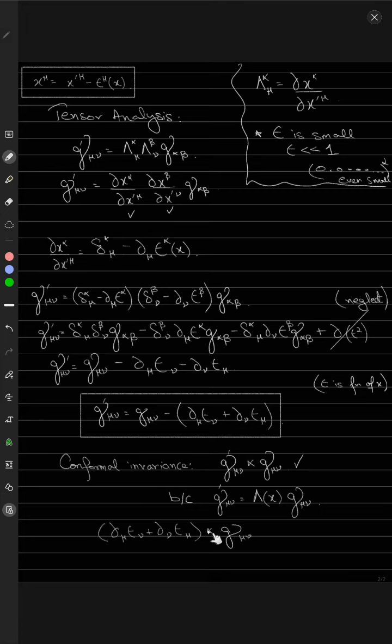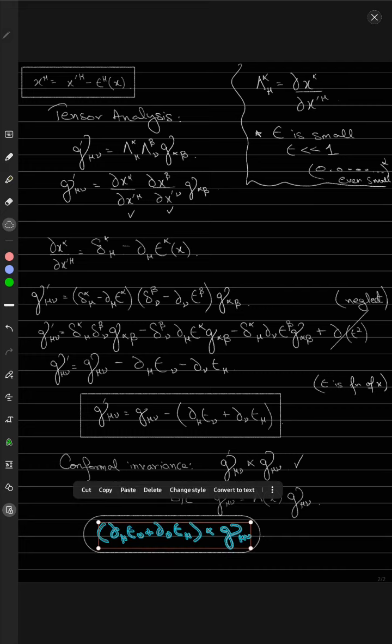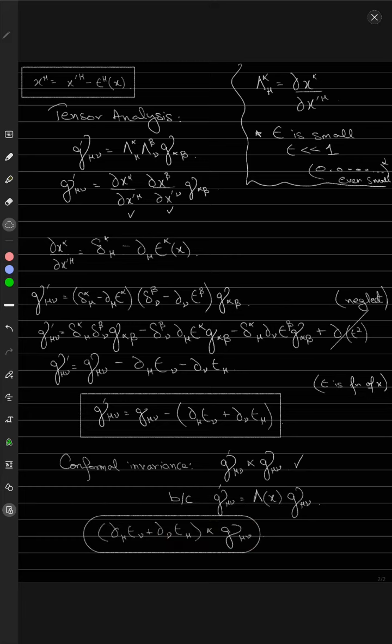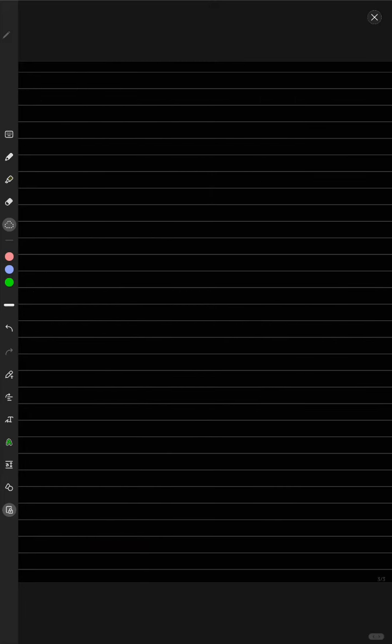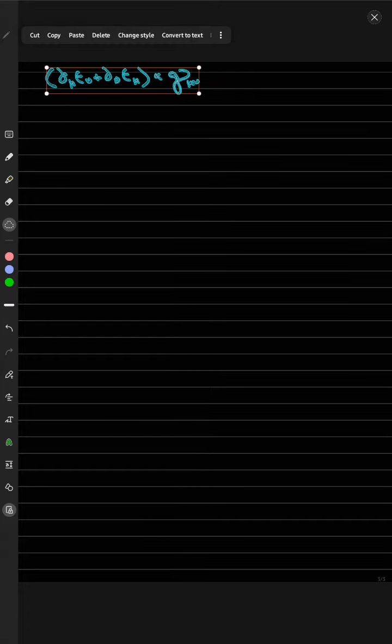So that's not an alpha, that's just a symbol for proportionality. Remember that. All right. So that's something that I'll be taking with me on the next page. So let's just copy this thing. And then we'll see what we do with this. Okay, so let's put it over here.